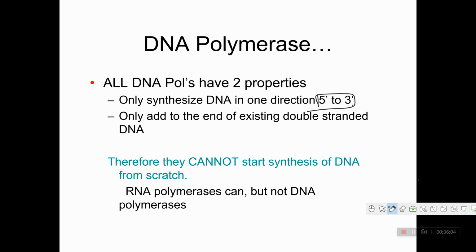RNA polymerase can, but not DNA polymerase, right? Meaning DNA polymerase only replicates the DNA when a primer is present, and that primer is synthesized by which enzyme? RNA primase or RNA polymerase.